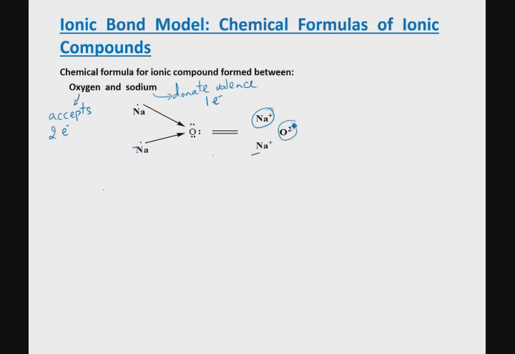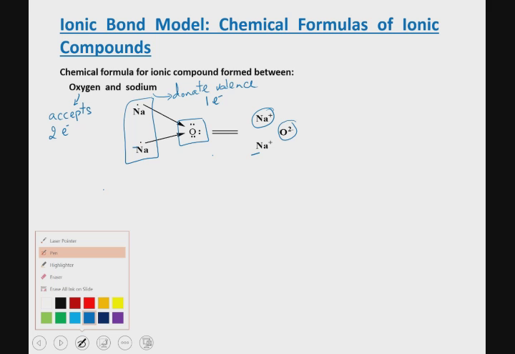But here's the thing. Each sodium atom only wants to donate one electron, whereas each oxygen atom wants to accept two electrons. This basically means that we will need two sodium atoms to donate one valence electron each to one oxygen atom. In other words, we will need two sodium ions, cations, to combine with one oxygen anion to make this compound.